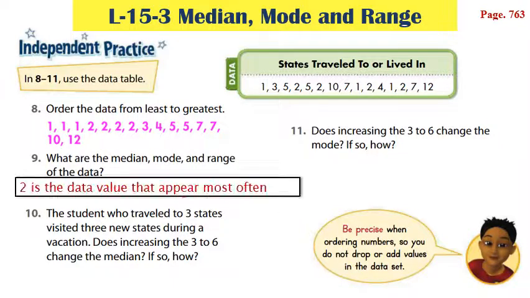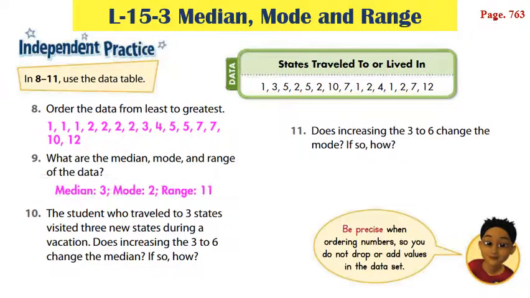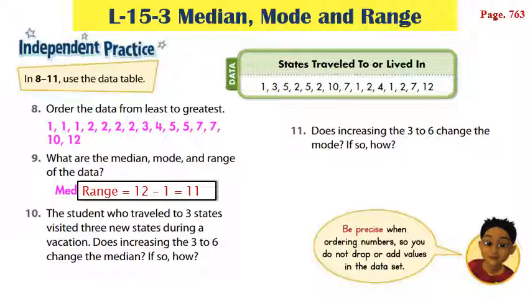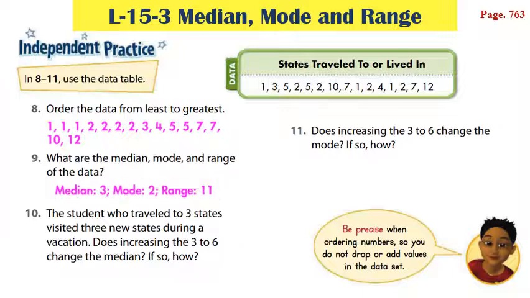Okay, now tell me the answer for question number 10. Does increasing the 3 to 6 change the median? If so, how? Very good. Yes, it increases it to 4. How?